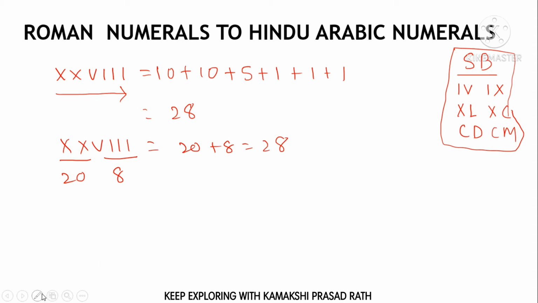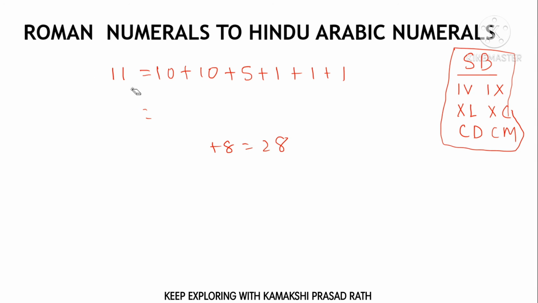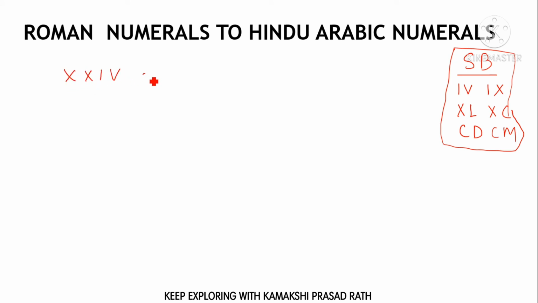Now let us take one more example with these small-big groups. These are the challenging ones, whenever we have these subtractions in between. Take XXIV.